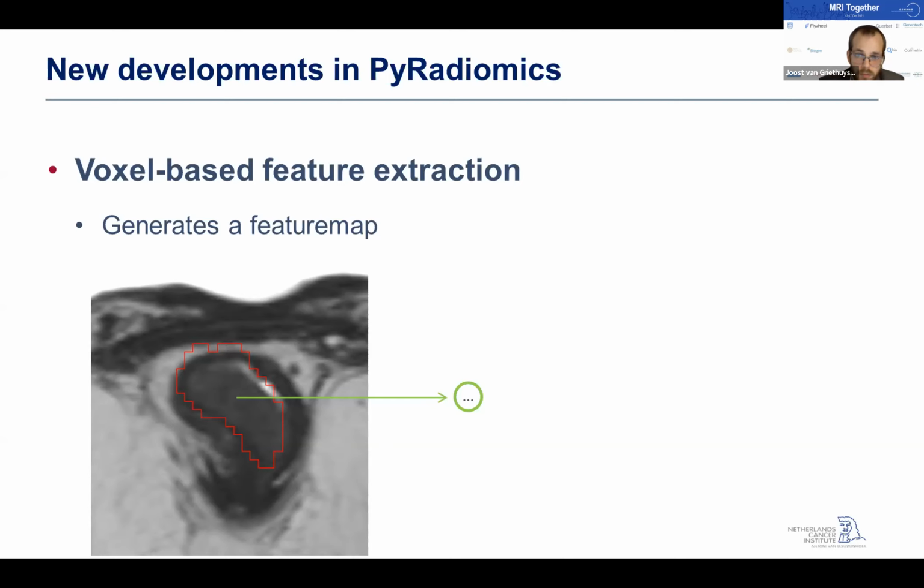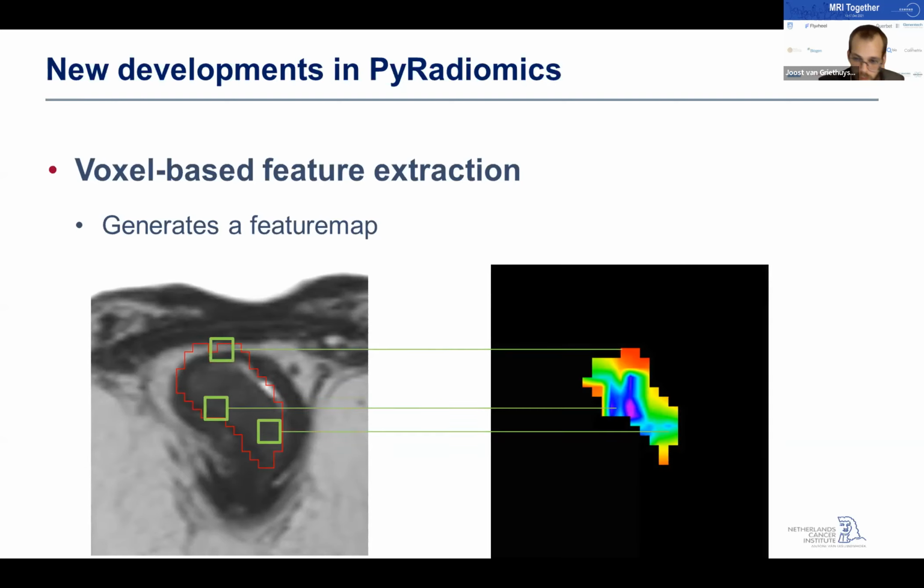But in voxel-based feature extraction, you define little areas, calculate the feature for each area, and assign the value to the central pixel in that image. Thereby you can generate a feature map, which shows the distribution of the feature values throughout the image, and allows you to predict not only patient level outcomes, but also region level outcomes.